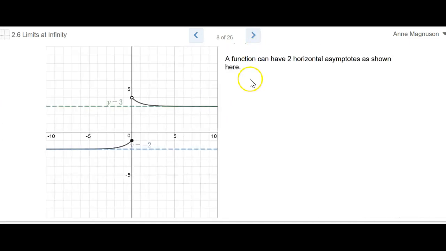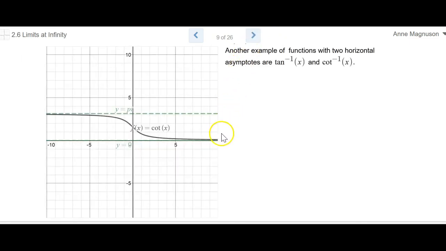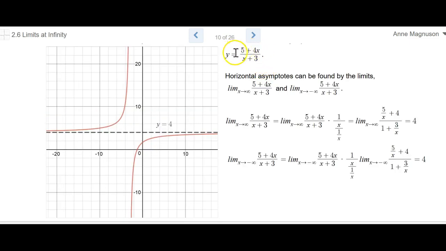A function can have two horizontal asymptotes. Here's an example. It's kind of a weird function. Here's a more common function that has two horizontal asymptotes. This is the cotangent function. When we have a rational function like this, where the numerator and denominator are of the same degree, there's a little trick we can do that's kind of a shortcut to actually performing the division and to find the quotient.